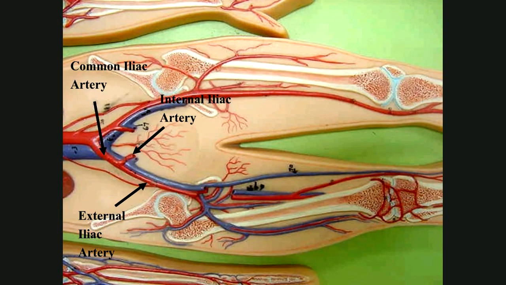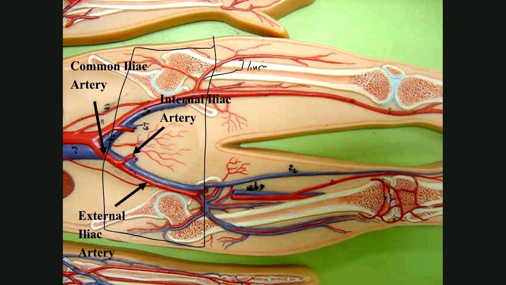Well, follow the external on down. The external is going to go down the legs. So we can see it goes on down the legs. Well, when it passes out of the pelvis, remember that was ilium, its name is going to change.